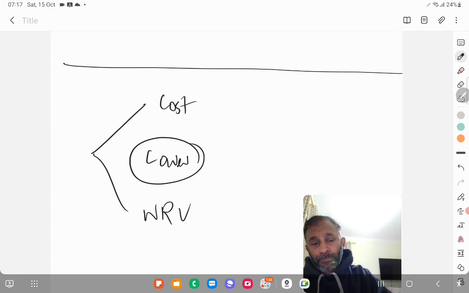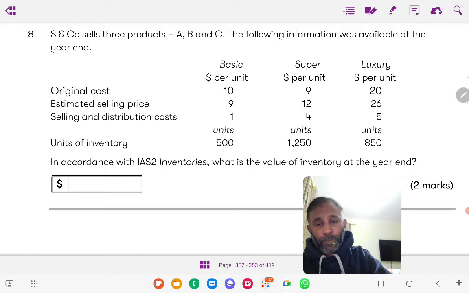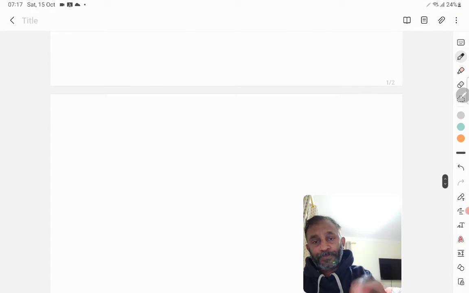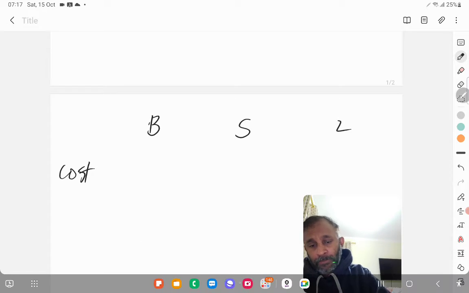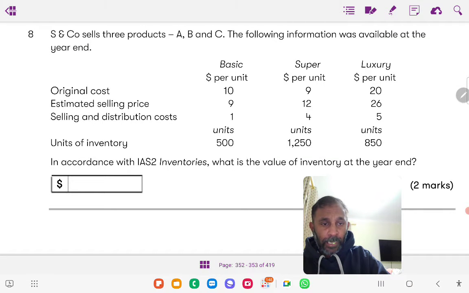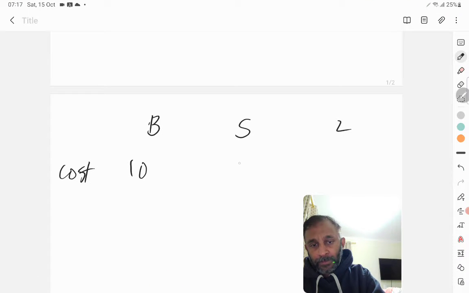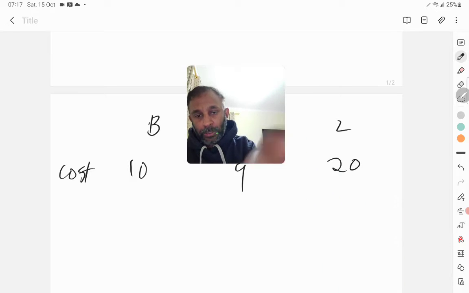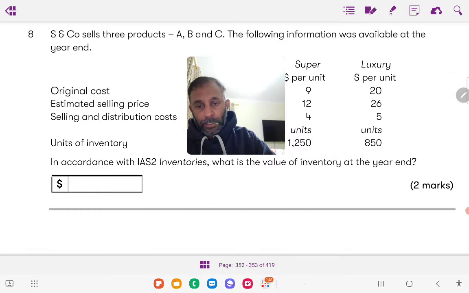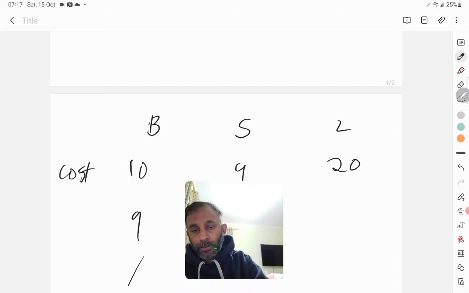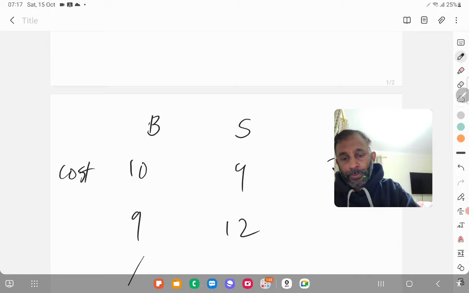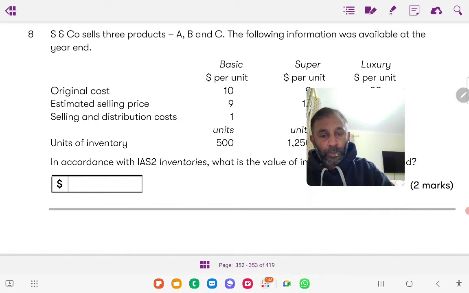So we have three items: basic, super and luxury, and the cost they have given already: 10, 9 and 20. And to find out NRV, they have given estimated selling price 9, 12, also 26.